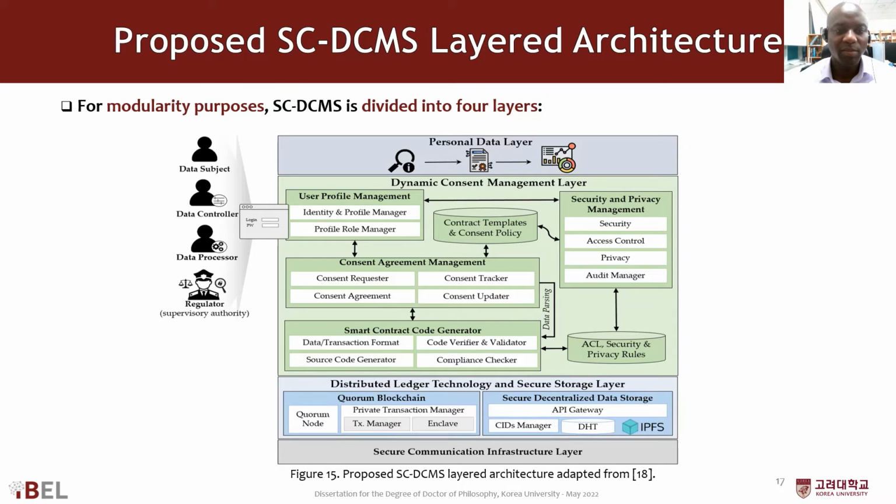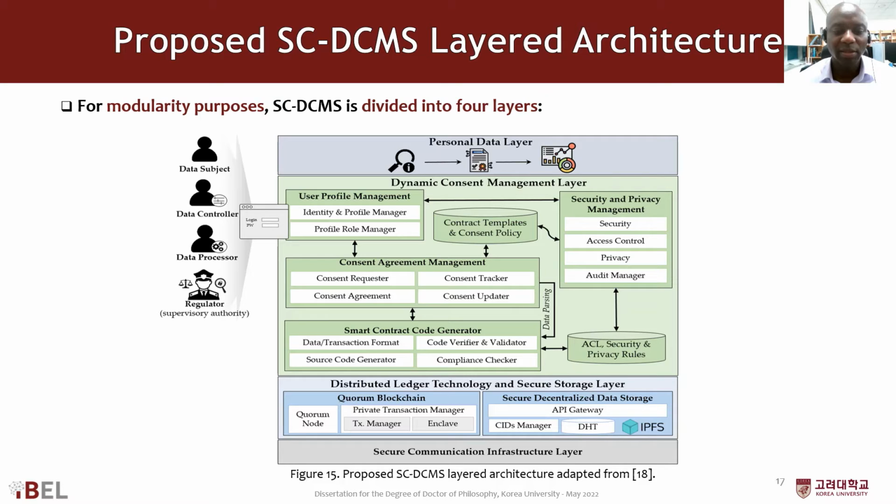For modularity purposes, our system is divided into 4 layers from top down. The personal data layer provides data management related features, and the dynamic consent management layer is the middleware layer that features all the functionalities related to the dynamic consent management.